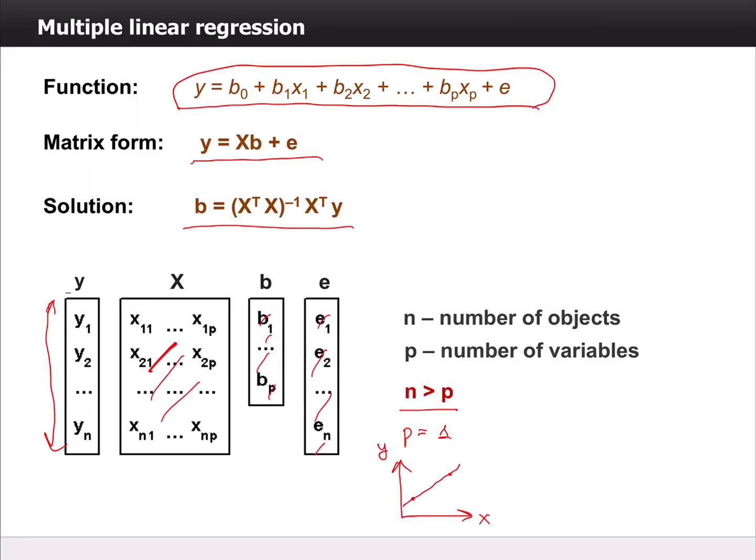If p is 2, it means you have x1, x2, and y, and the solution in this case will be a plane. How many points do you need to make a plane? You need at least 3 points, so n will be equal to 3. So that's one of the limitations of multiple linear regression: the number of objects should be larger than the number of variables.